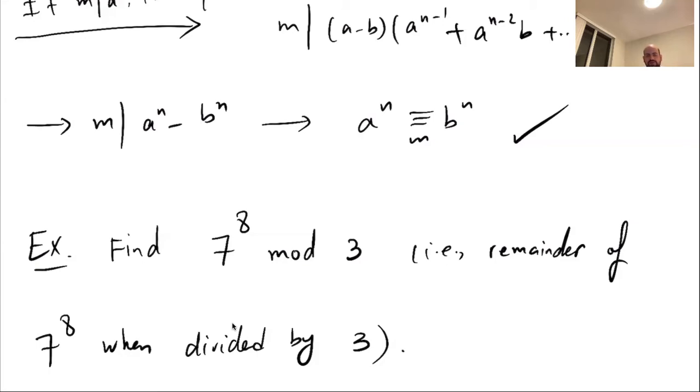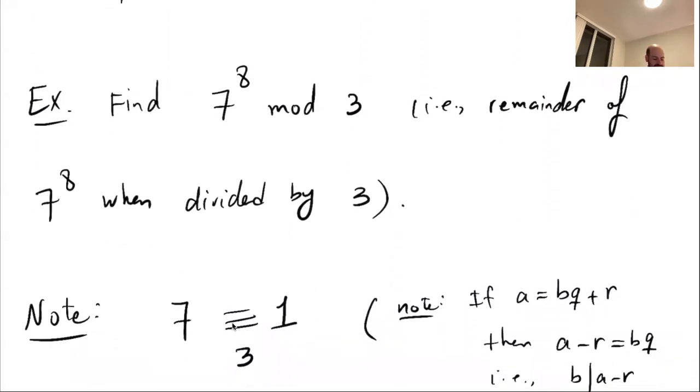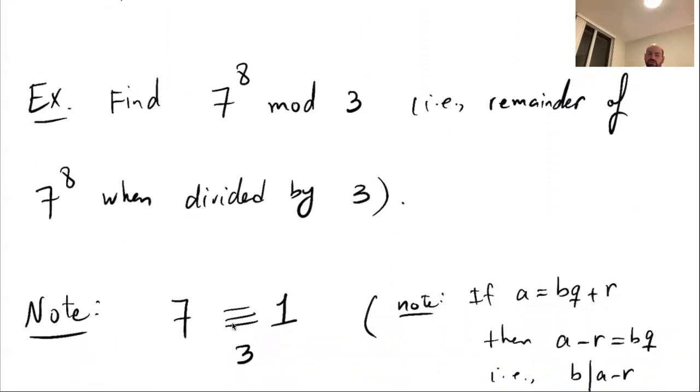Now, which one do you think will be the case? We can start with 7 itself. If I divide 7 by 3, I get 1 as the remainder.